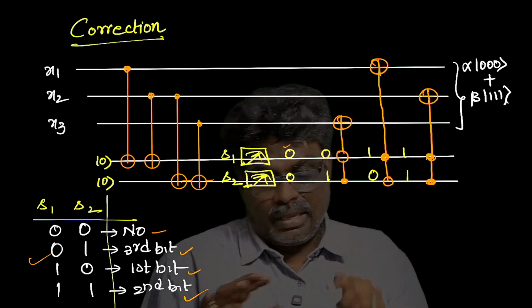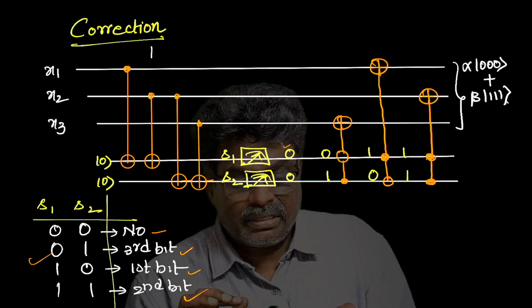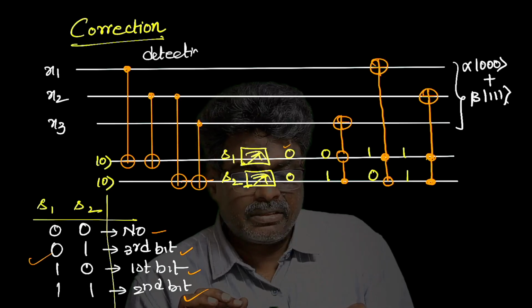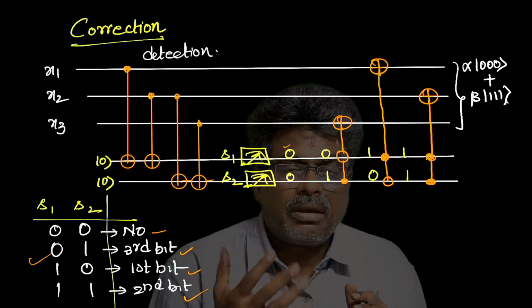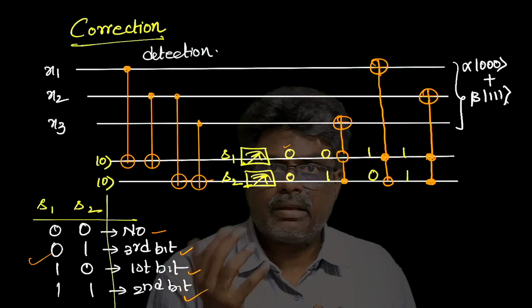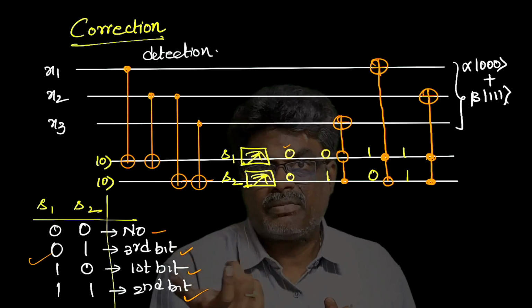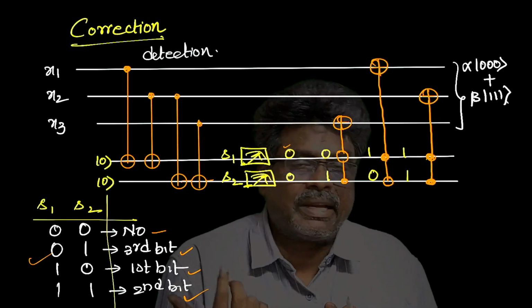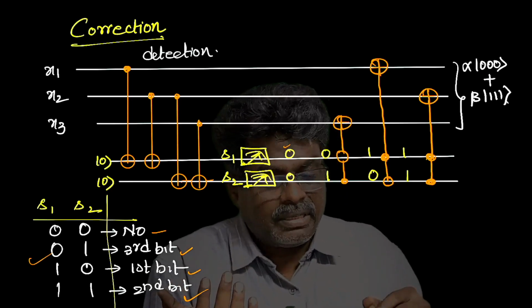So here we have a syndrome detection. By measuring the S1 S2 value, we are detecting what error exists, I mean which bit flip error exists, first or second or third. And after that, this is the correction.